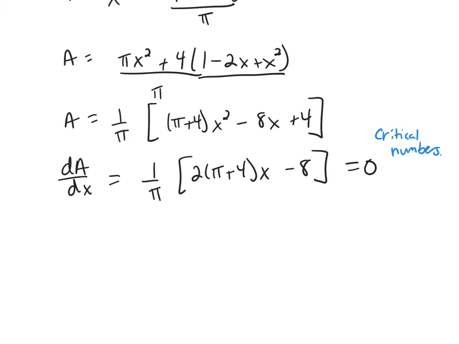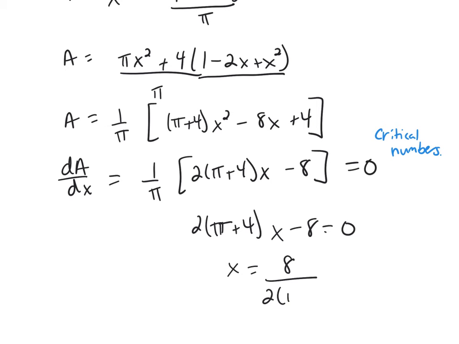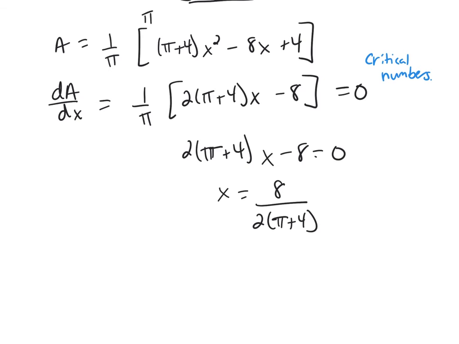So if I multiply both sides by pi, we'll get 2 pi plus 4, x minus 8 equals 0. X will be 8 over 2 times pi plus 4. X will be 4 over pi plus 4. And if you put this into a calculator, it's approximately 0.56.